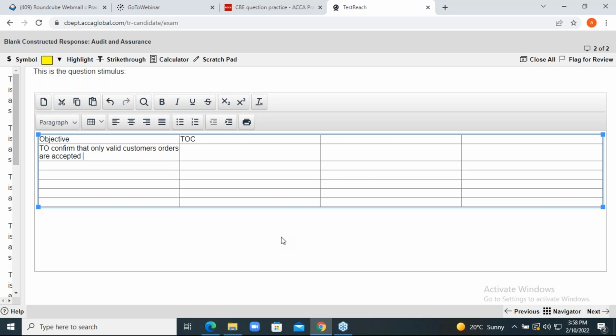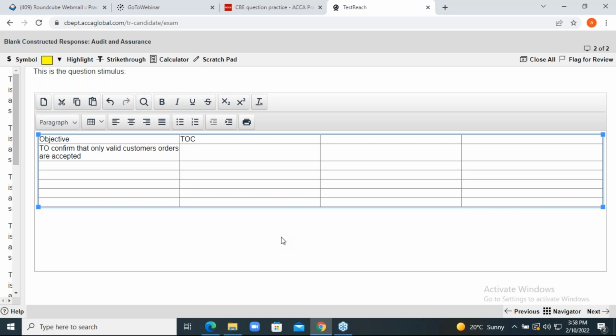This is the strength of this control system. If the control system is strong, we cannot bypass it and cannot enter a sales order for a customer who is not registered with us.